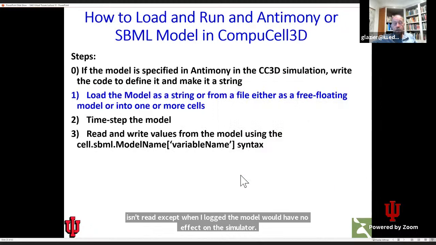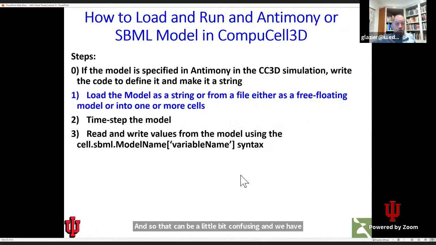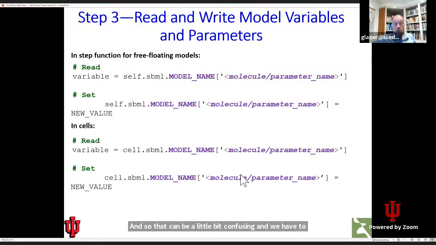And so that can be a little bit confusing, and we have to think about that when we want to change parameters. When we change variables, there's no problem. When we want to change parameters, we have to ask the question, does changing that parameter actually do anything to the model or not?